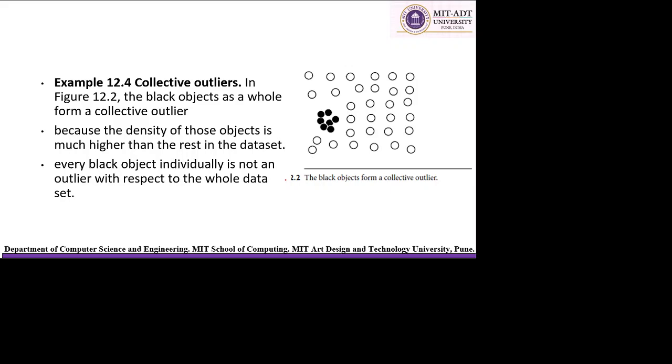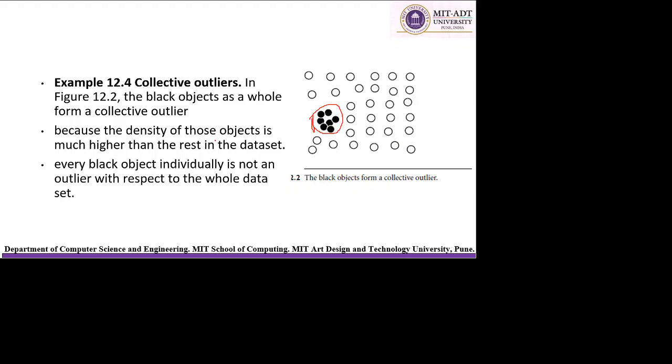For example, you can see in this figure, all these data objects are equidistant, so they are arranged properly. And if you see this group, they are not equidistant or not having the proper distance among themselves, and this can be a collective outlier.